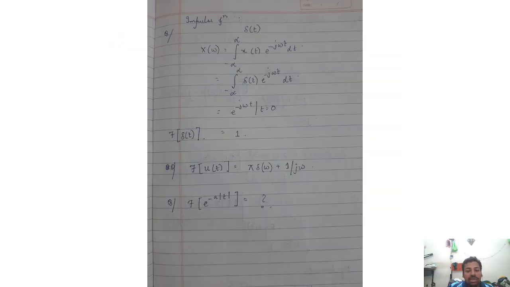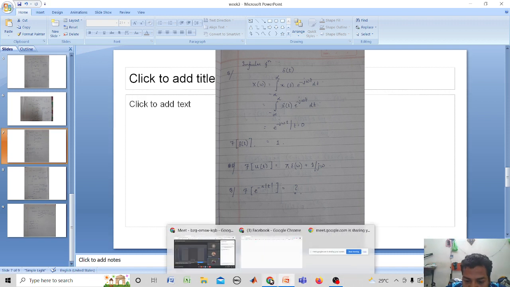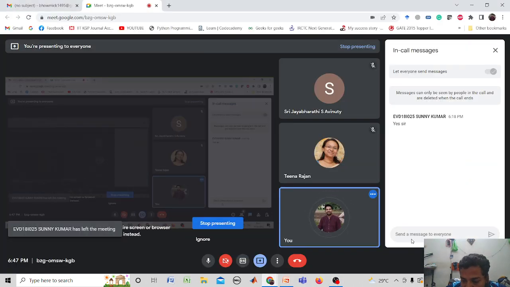Okay. So I think it's clear how we found the Fourier transform for the impulse function. Next, what I would like you to do is kindly try these two things. If it's not clear, last week I forgot to send my email ID. I will attach it in the chat itself. Any doubt you have, kindly contact me.